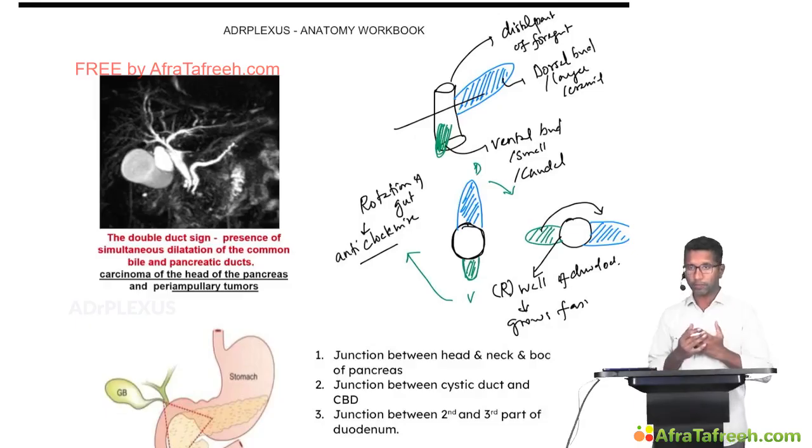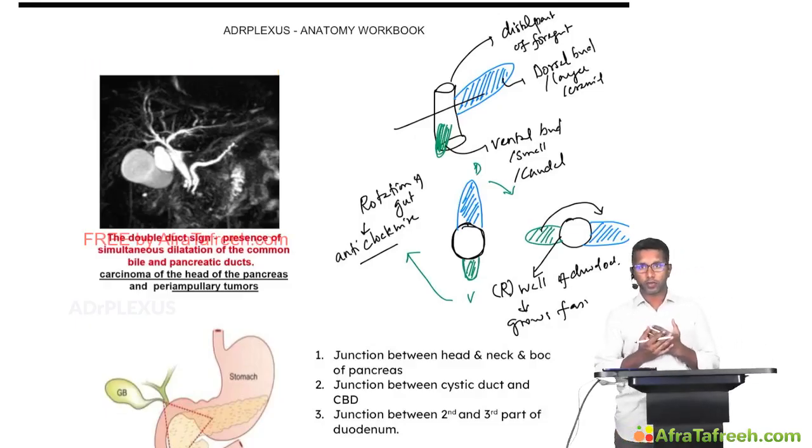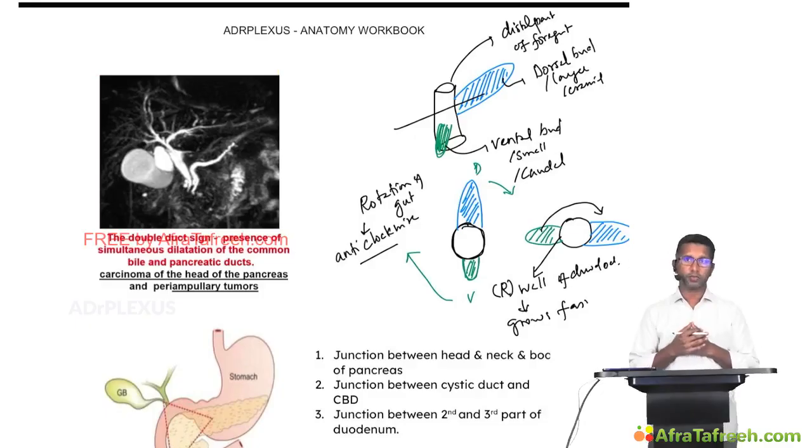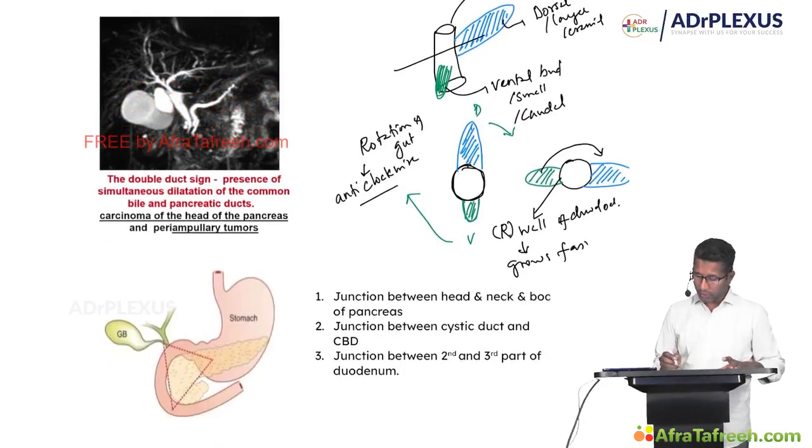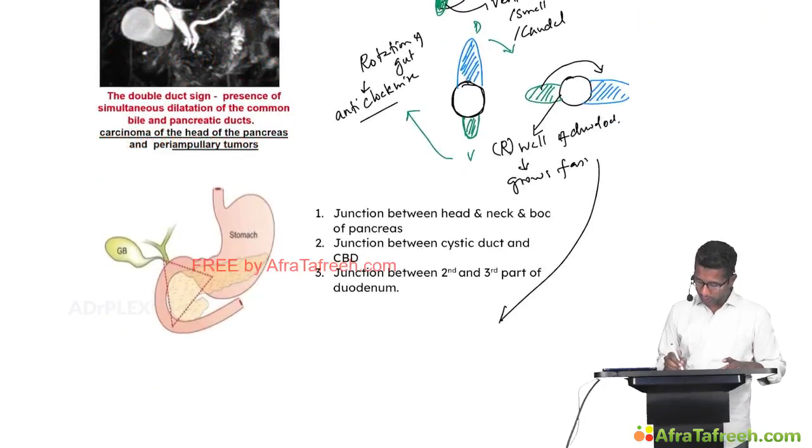So it is because of the differential growth of the wall of the duodenum that the ventral bud goes to the left side. If you see the next picture, I'll draw it here.